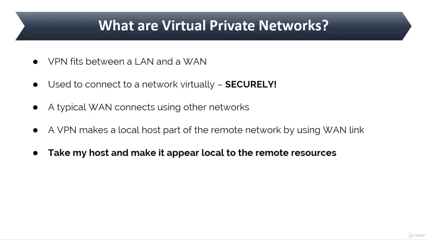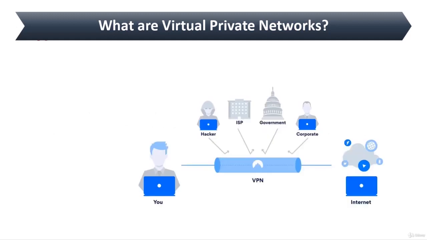This may sound a lot like a VLAN definition, that is a virtual LAN. That is, take my host and make it appear local to the remote resources. Just remember that for networks that are physically local, using virtual LANs is a good solution, but for networks that are physically remote, those that span a wide area network, VPNs are the best solution.